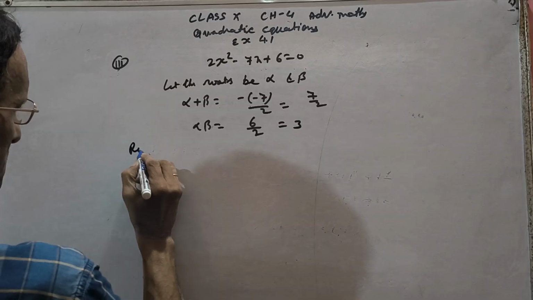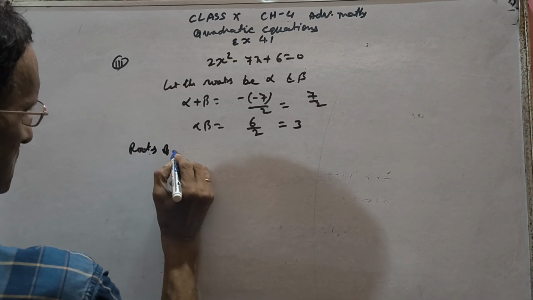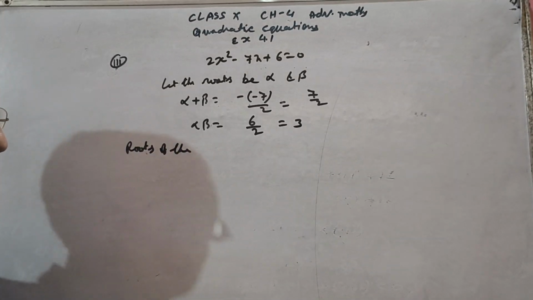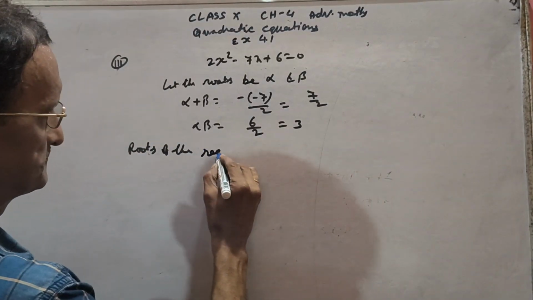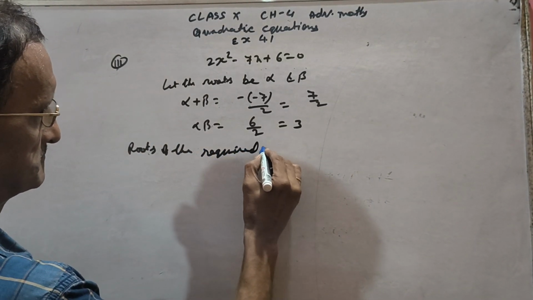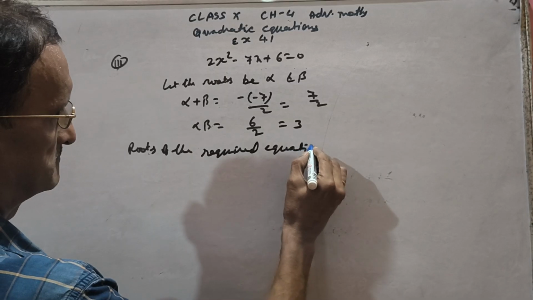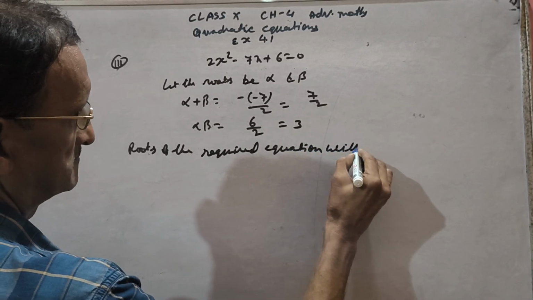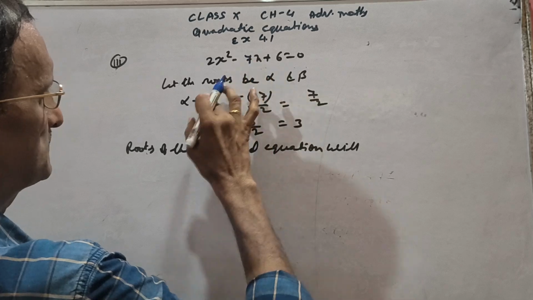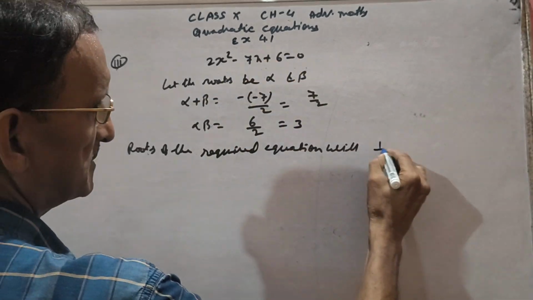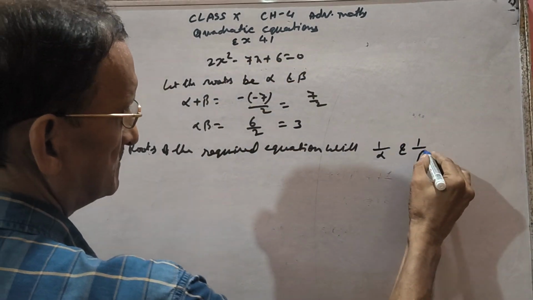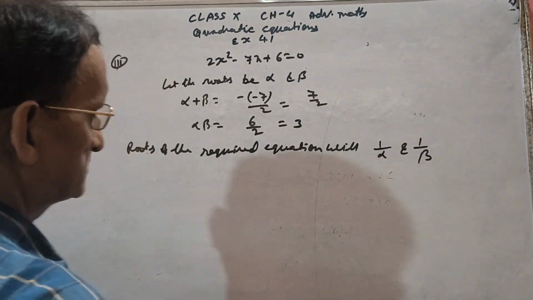Now the roots of the required equation will be reciprocal. If alpha and beta are the roots of this equation, then 1 by alpha and 1 by beta will be the roots of the required equation.